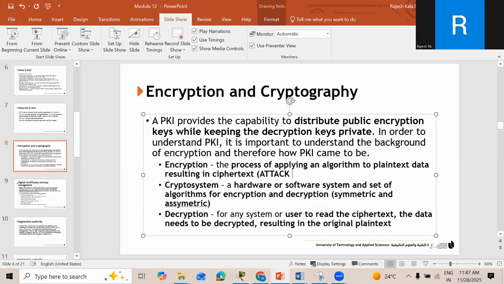So I will apply an algorithm with a key. The algorithm I am applying is to add 3 to each letter.